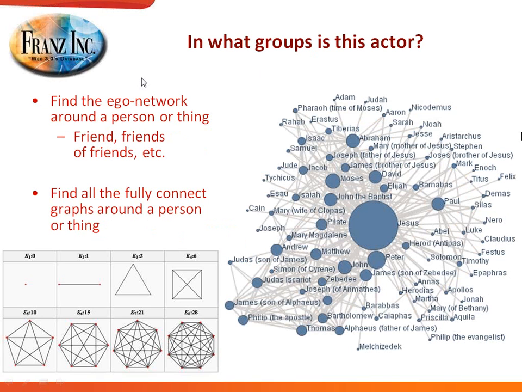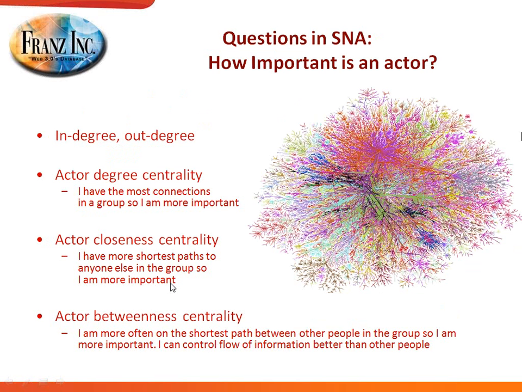So you start with one person and then you look at the friends and the friends of friends. Or we can look at fully connected graphs, so we get the cliques. We can look at a group of people, a group of nodes, and then we can compute the importance of a particular node in that group. And we have many different ways to compute the importance.